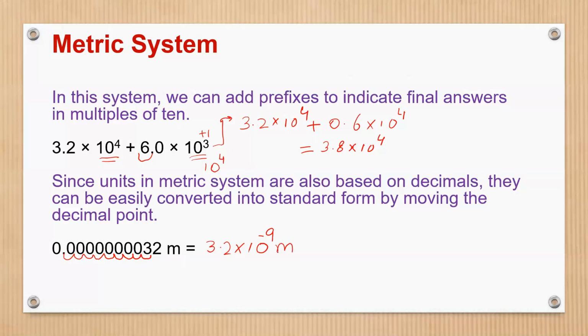And we know that 10 to the power minus 9 is a nanometer, so I can write this number as 3.2 nanometer, because 10 to the power minus 9 is nano.